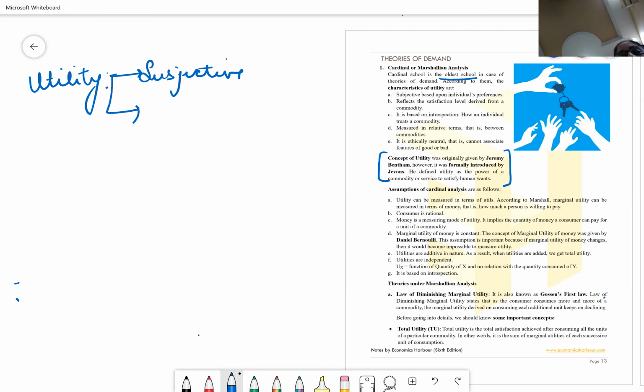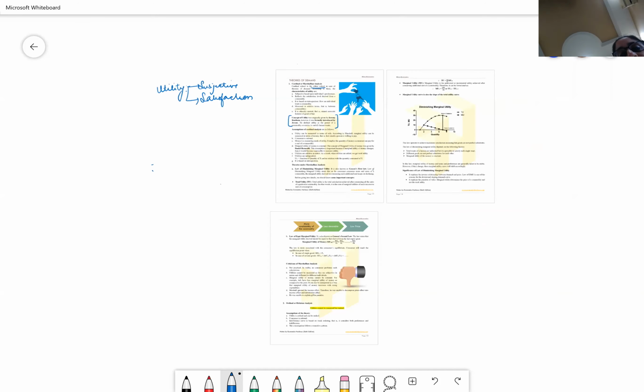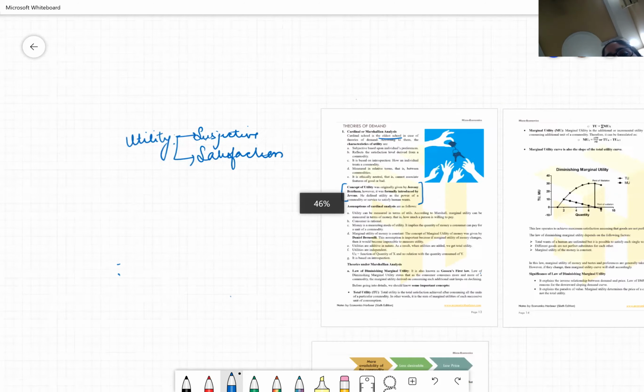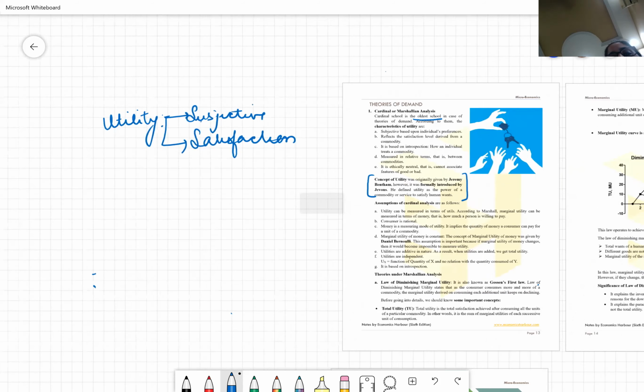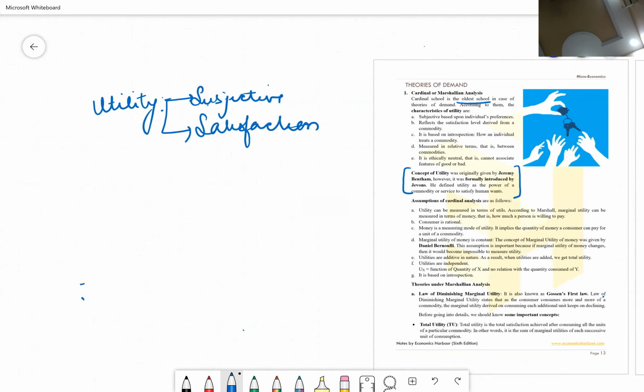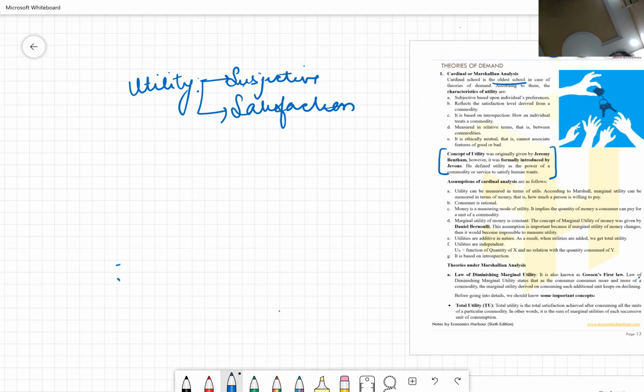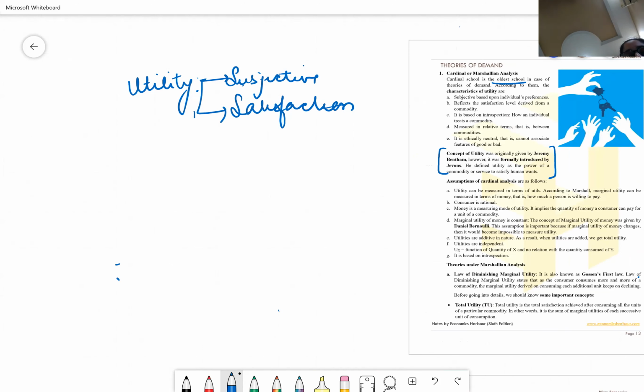Second is that utility reflects the satisfaction level of the individual after consuming a particular commodity, right? The third is that utility is based on introspection.